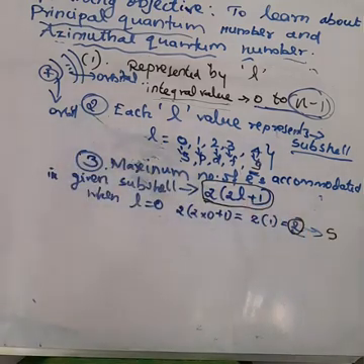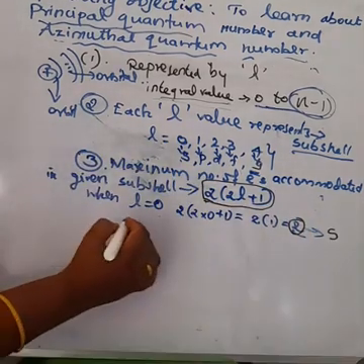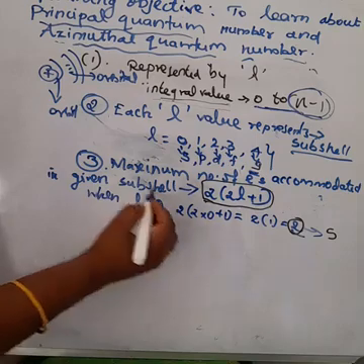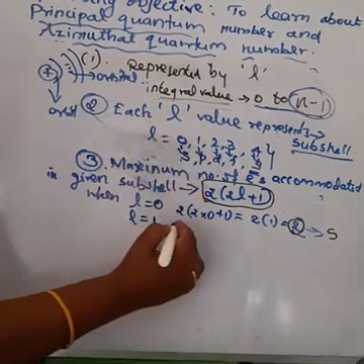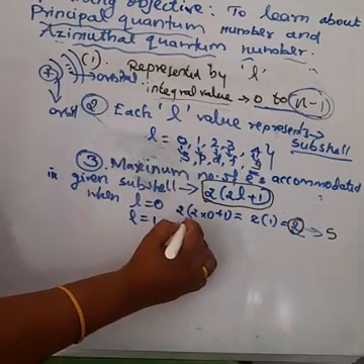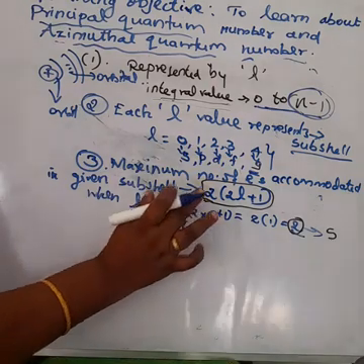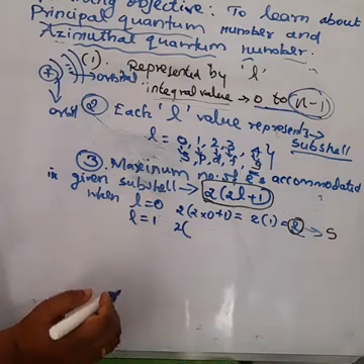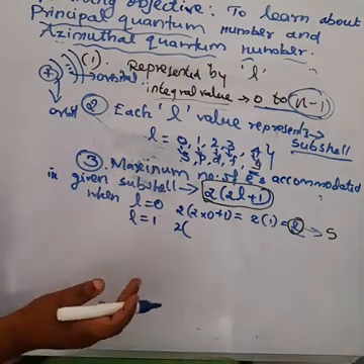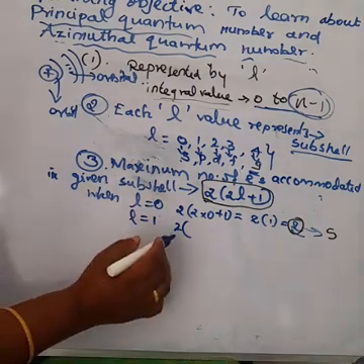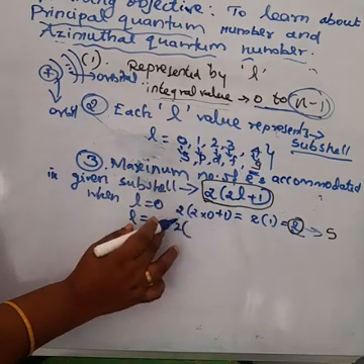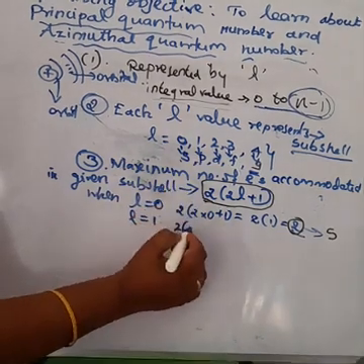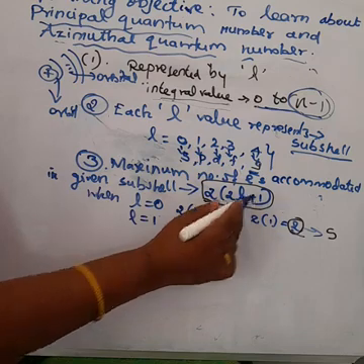And then L is equal to 1. When L is equal to 1, it is the P subshell. How many electrons can we accommodate in the P subshell? The formula is 2 into 2L plus 1.